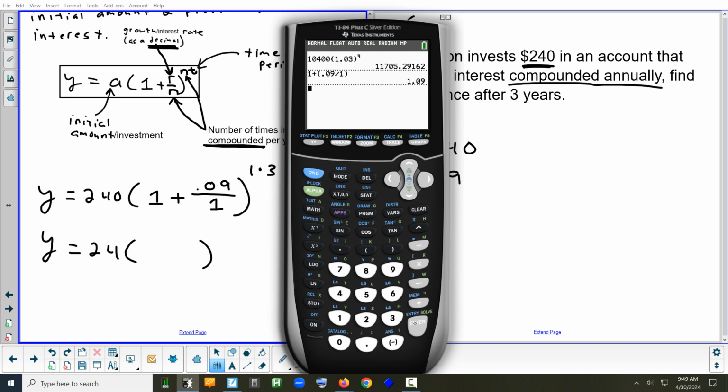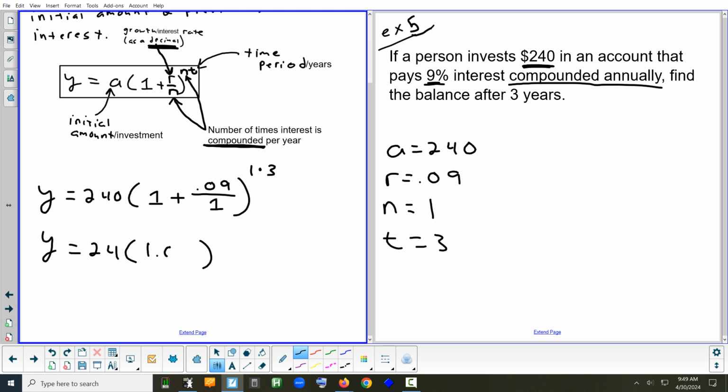But yeah, it's just 1.09. And we could simplify this. What's 1 times 3? 3. Okay, now I've got something a little simpler I can type in on the calculator. Did you forget the 0 for 240? Yeah, I forgot the 0 right there. 240. Yep.